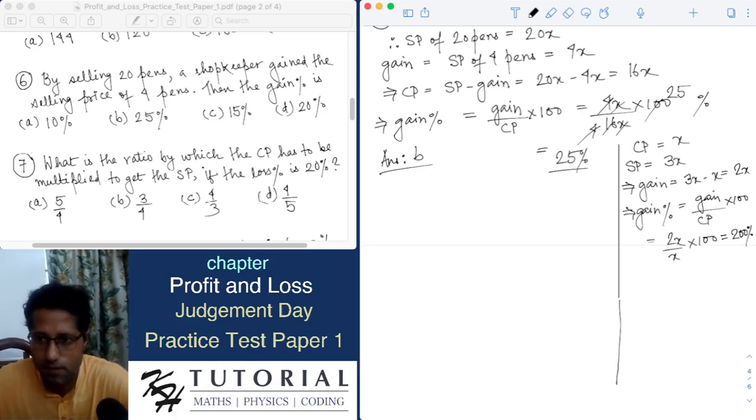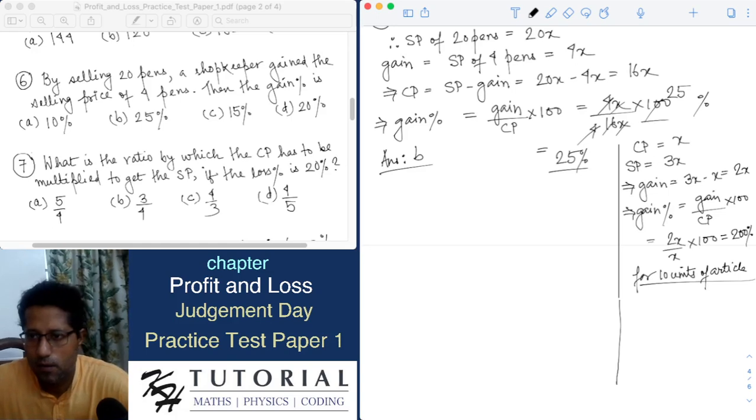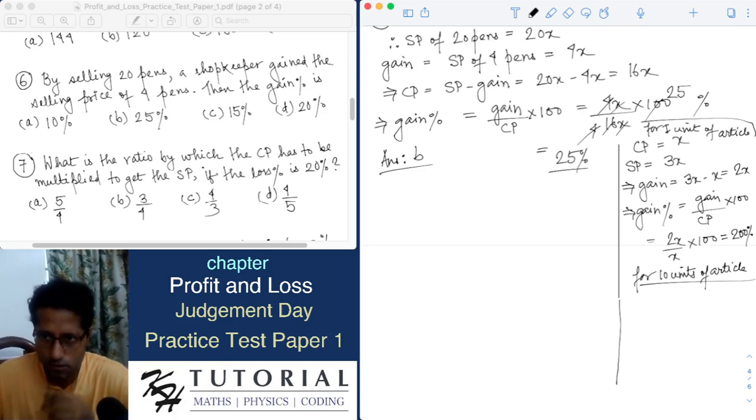I think it will be the same, because for 10 units of article, I'm using the word article, this one is for 1 unit of article. The cost price is x, the selling price is 3x.